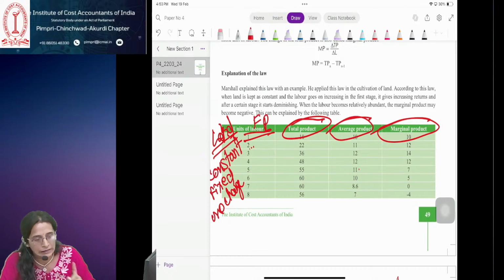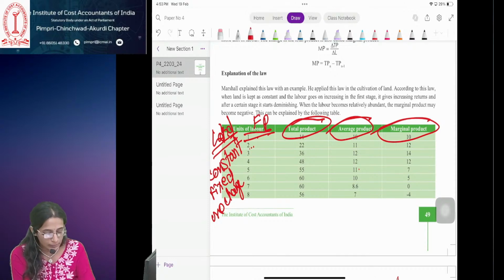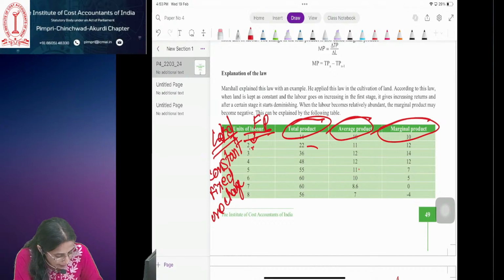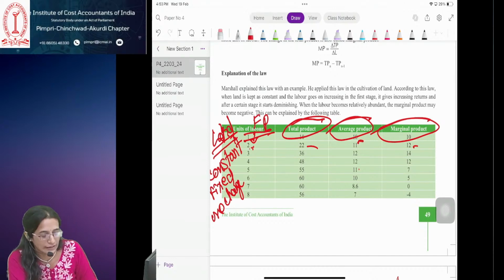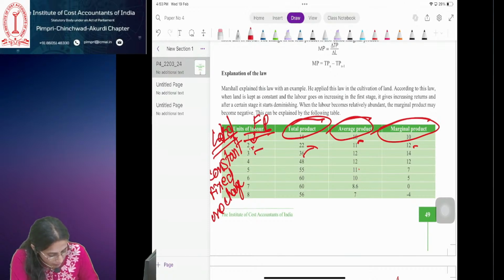Land is constant. As we increase the units of labor from 1 to 2, the total product is increasing, average product is also increasing and marginal product is also increasing. Again, when we increase to 3, it is the same case. Total product, average product, and marginal product are all increasing.